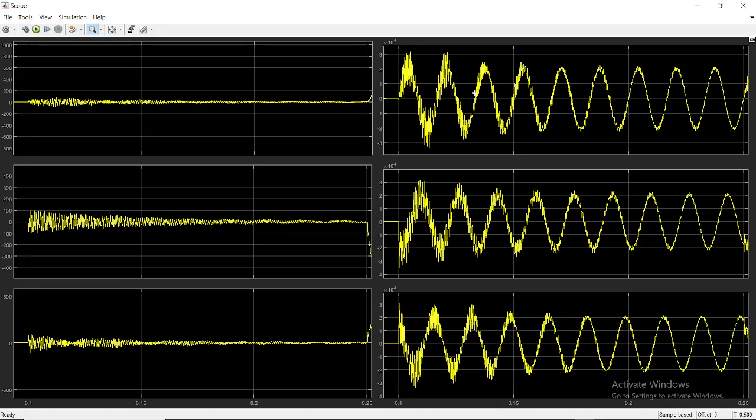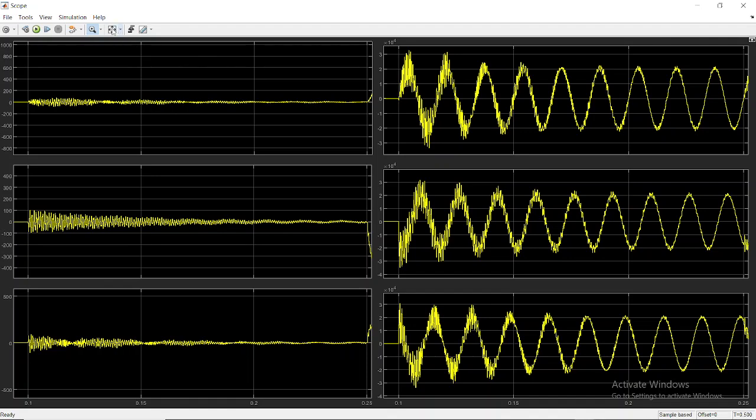As time lapses, the reflected and incident waves go on diminishing, and you get the pure AC wave. Okay, so now you have got here the pure AC wave. It is from charging of the line without load.